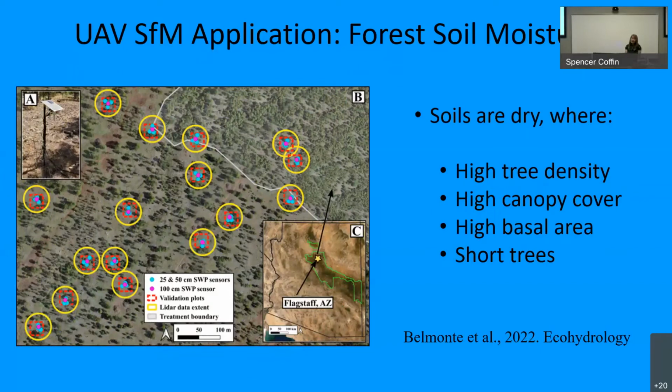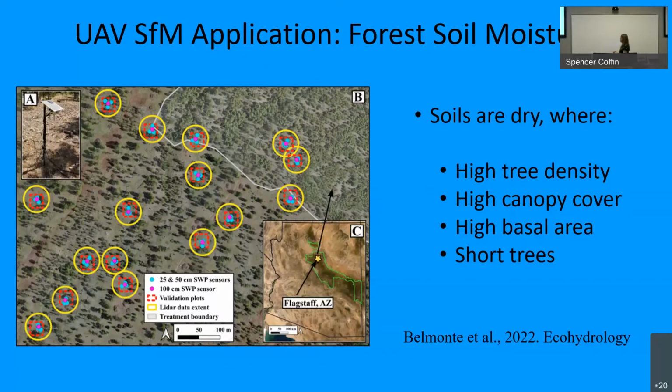Also, at the same study area, we have a huge network of soil moisture sensors, 130 or so soil moisture sensors, and we have been monitoring how the thinning impacts soil moisture across like a forest density gradient. What we find is that, so we've been measuring soil moisture at the site since 2018.